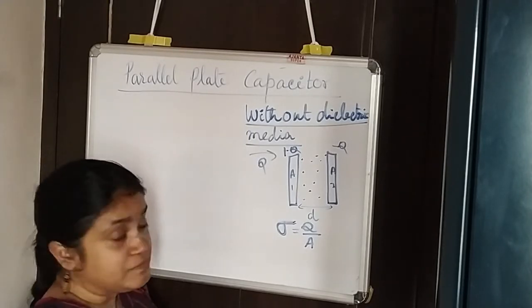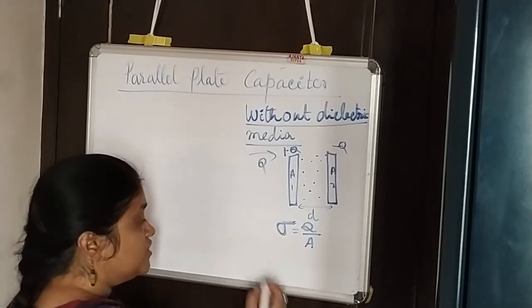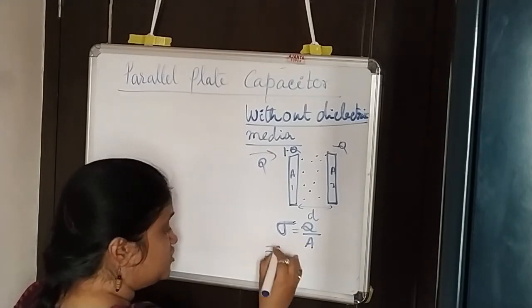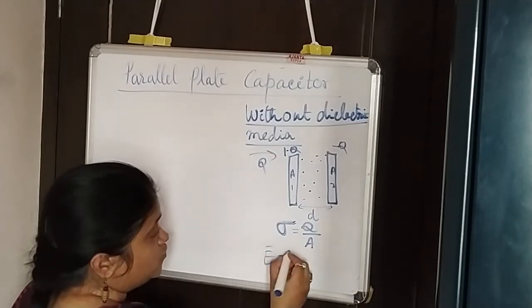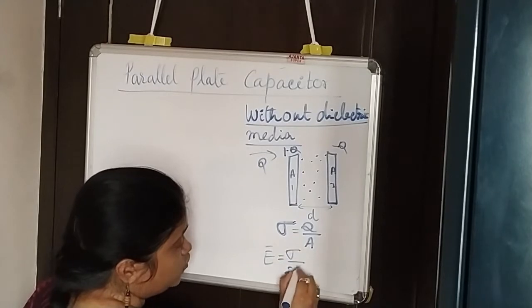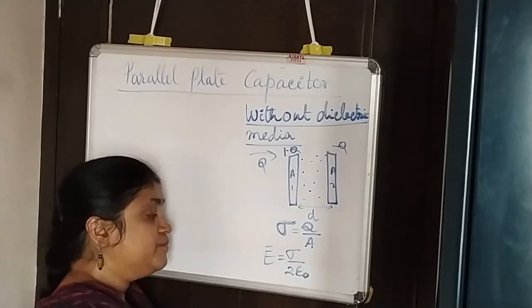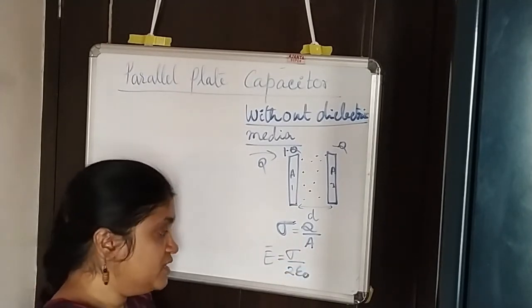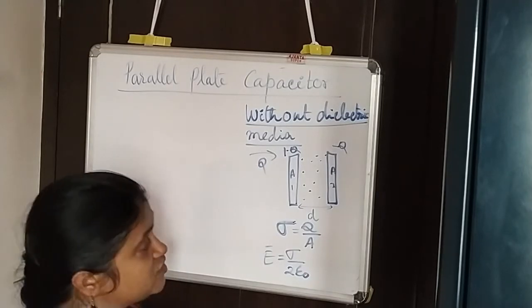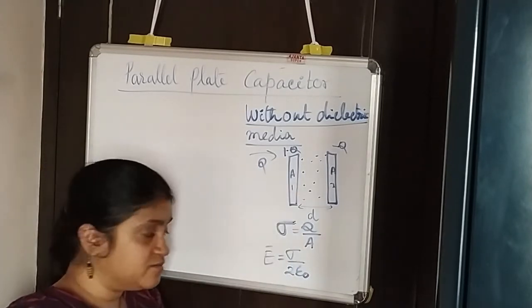For an infinite plane sheet, we already know the electric field is sigma by 2 epsilon, where epsilon is the permittivity and K, the dielectric constant for air, is 1.